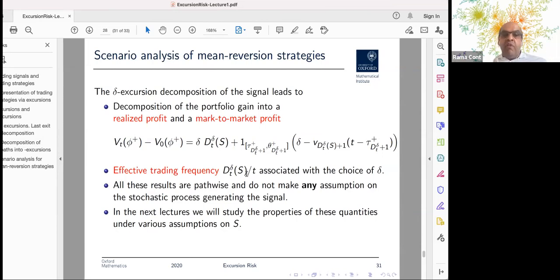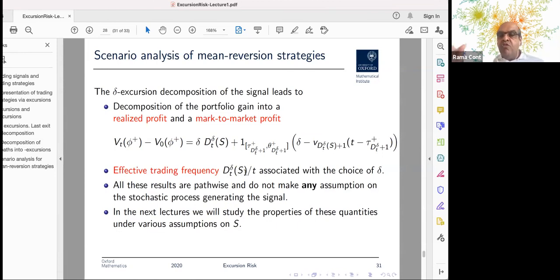The trading frequency depends on the signal and your threshold. The effective trading frequency is how many times you ended up trading per unit time: d delta t divided by t. This depends on the choice of delta, and especially on what S looks like.